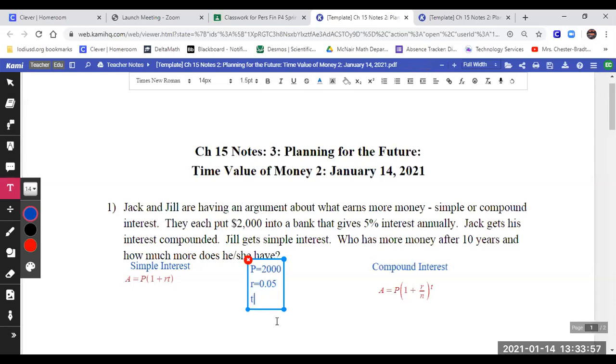What is our time for this problem? 10. And with compounded, we also need to know the n. What is the number of times we're being paid our interest in a year? What are they saying in the story? How often are they paying it to us?